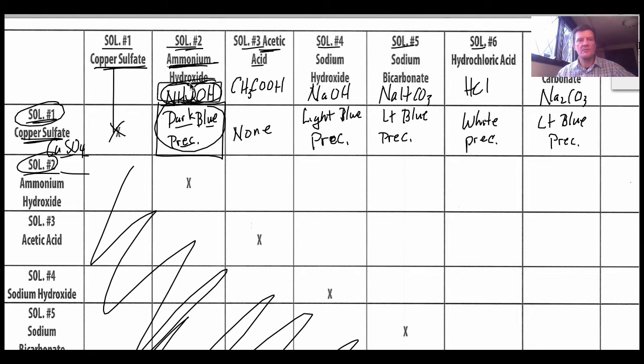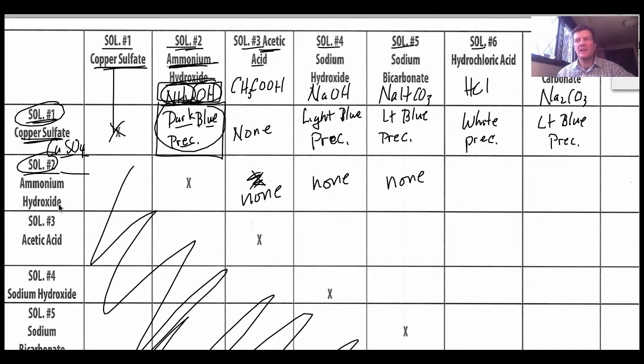I don't need to rewrite the formulas because you can see them up here. Ammonium hydroxide and acetic acid, you're not going to see any reaction there. I'll put none, instead of crossing it out. Sodium hydroxide and ammonium hydroxide, again, you're not going to see any reaction there. And none here as well.